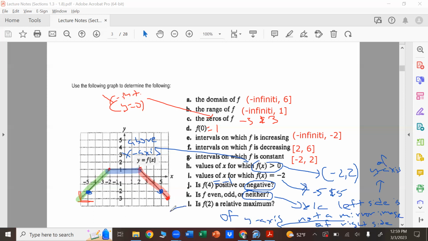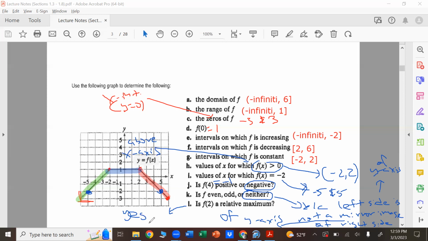And then lastly for L, did we change from increasing to decreasing? No, it's a constant, right? So in this case, is f of 2 a relative extremum? Well, that's a tricky one too, because it does stay constant. I'm going to say yes, because it was increasing before it got there, and then eventually decreases.